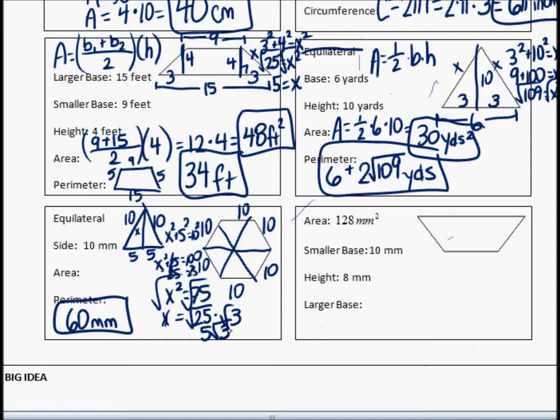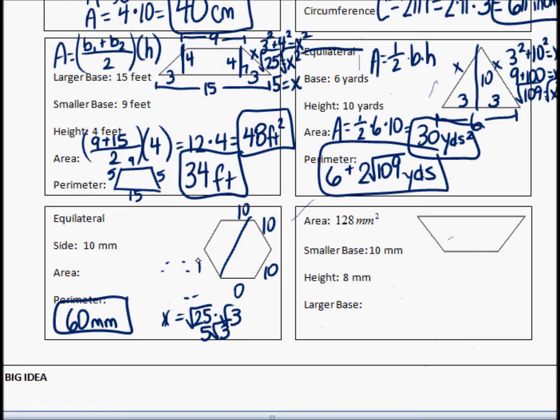So now when I go to find the area of one of these triangles, I have a base of 10 and a height of 5 root 3. I'm going to erase some of this so I can leave myself some room. All right, I've got 10 for my base, I've got 5 root 3 for my height.